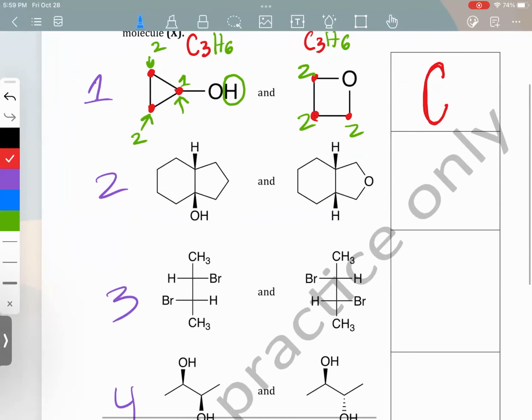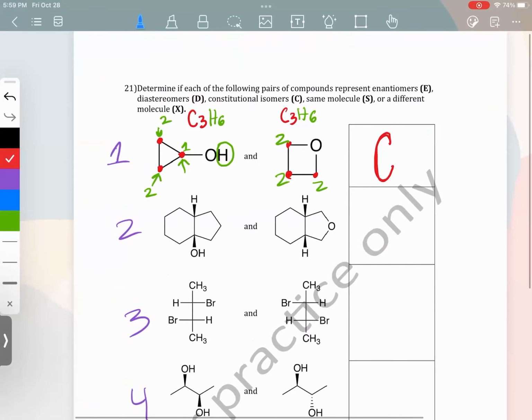Now 2. What do you think these are? They look like they can be the same. However, down here, we just have a hydrogen instead of the alcohol like the first molecule does, and we have an oxygen in the ring structure. So that means they can't be what? Do you think they could be constitutional isomers?